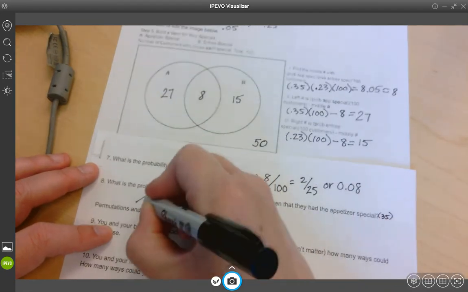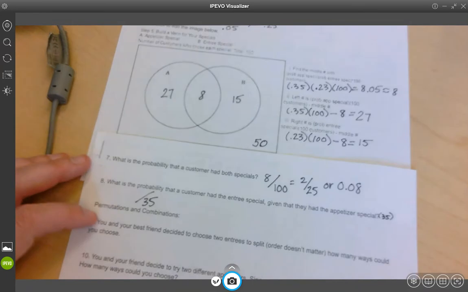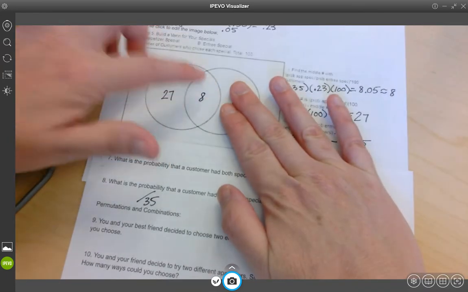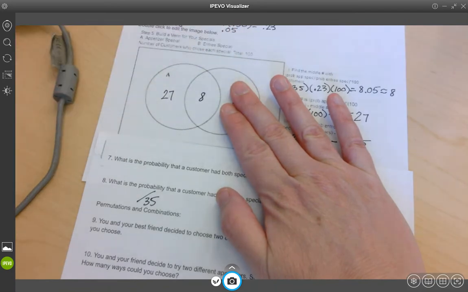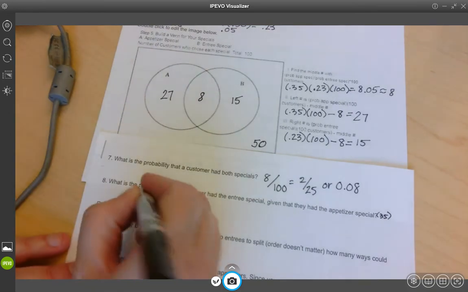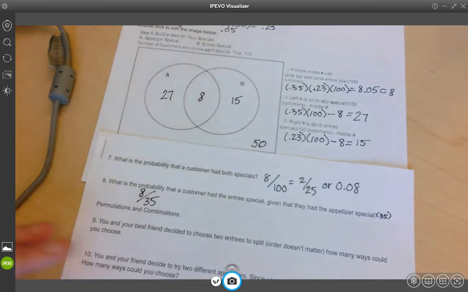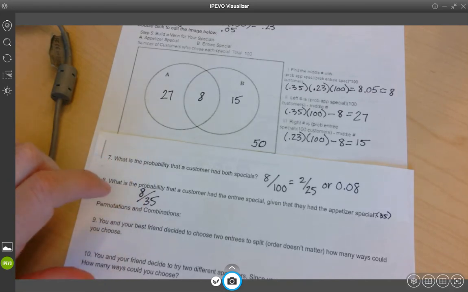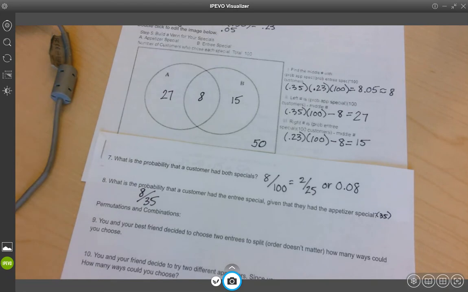And that's going to be my denominator. Then out of those 35, how many of those 35 also had the entree special? 8. Yep, these in the middle. Okay. I did like seeing that almost everybody changed their denominator there. That's a key idea, knowing that it's not out of 100. It's good. Any questions on 7 and 8?